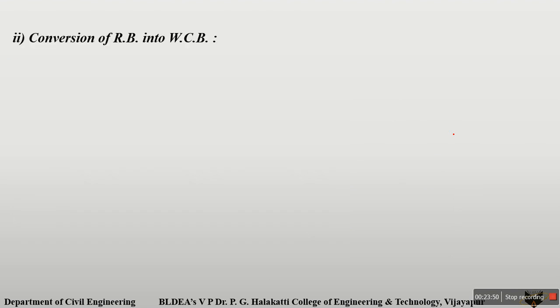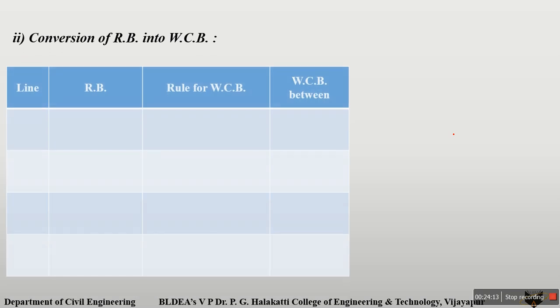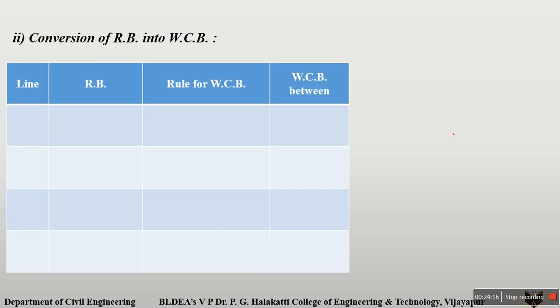Next we will discuss the conversion of RB to whole circle bearing. Here they will give the bearings in terms of RB or reduced bearing, and you have to convert into the whole circle bearing system. Again, I am making a table with columns: line, RB value, the rule for the WCB conversion, and WCB between value.